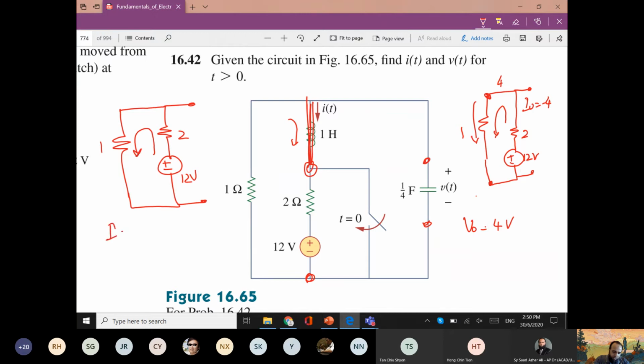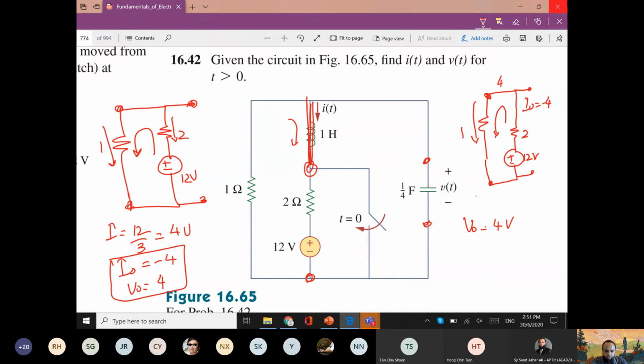So I is equal to 12 divided by 3 equal 4, but I naught, the current for the inductor, will be -4 because it is in this direction. And V0, we know that this voltage and this voltage are same. We have this current 4 times 1 is 4, so we have I0 and V0 equal to 4. Is that okay, Sharifuddin? Sharif was okay?